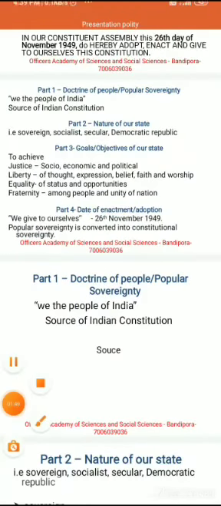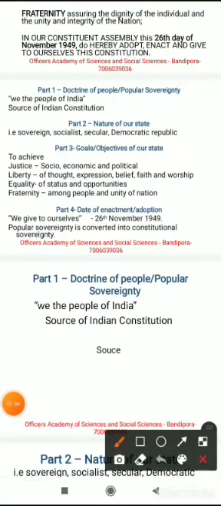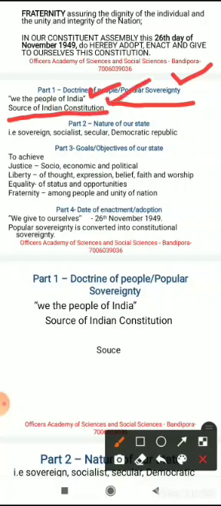So, as I said, part first is the doctrine of people, that is popular sovereignty. We, the people of India. It means that this preamble has been framed by the people of India through the Constituent Assembly, so this is the source of Indian Constitution.